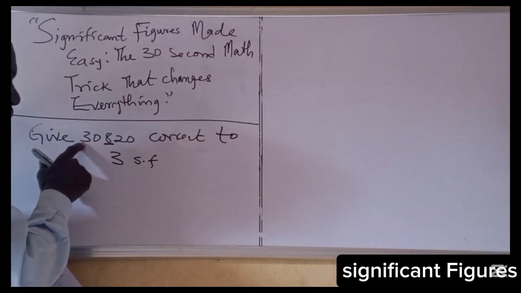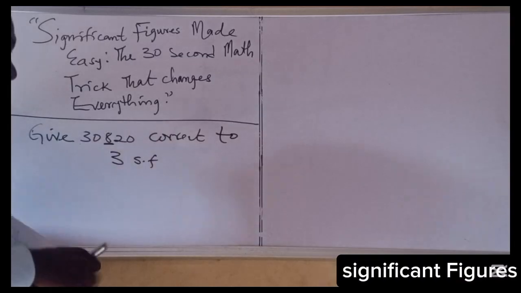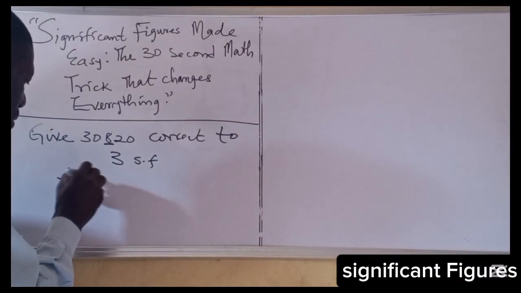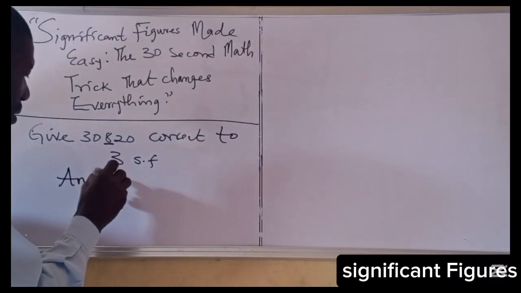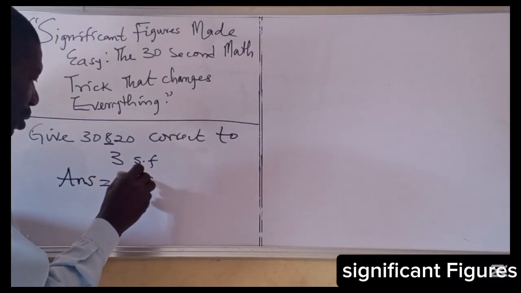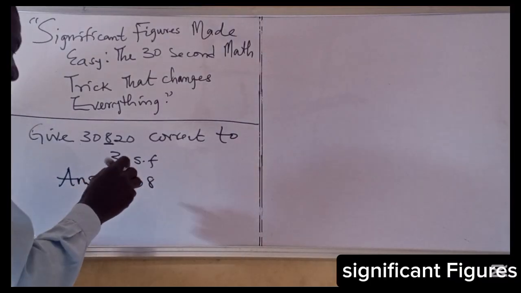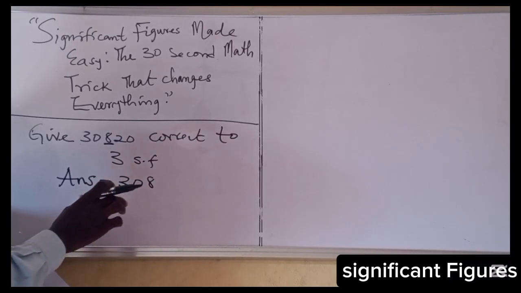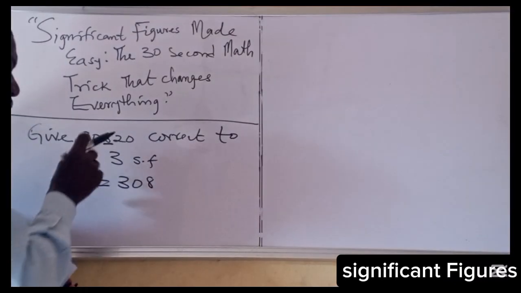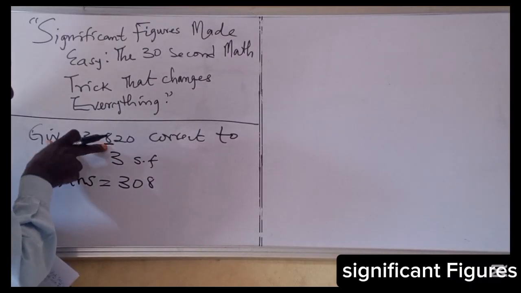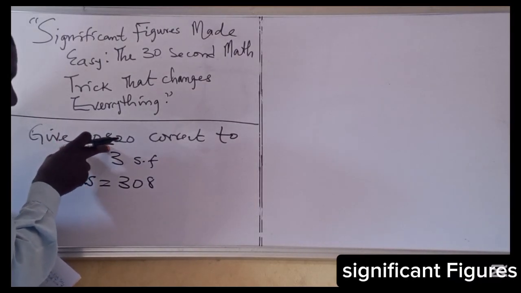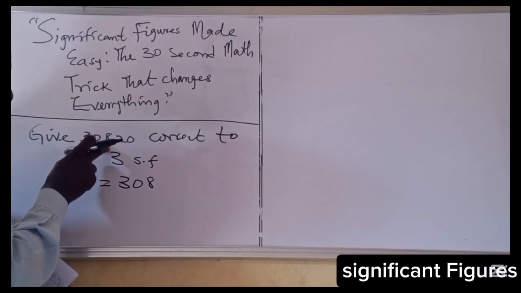So now, this is going to be 308. Our answer is equal to 308. We cannot leave this still like this. Why? Because the position of this third significant figure is 100.